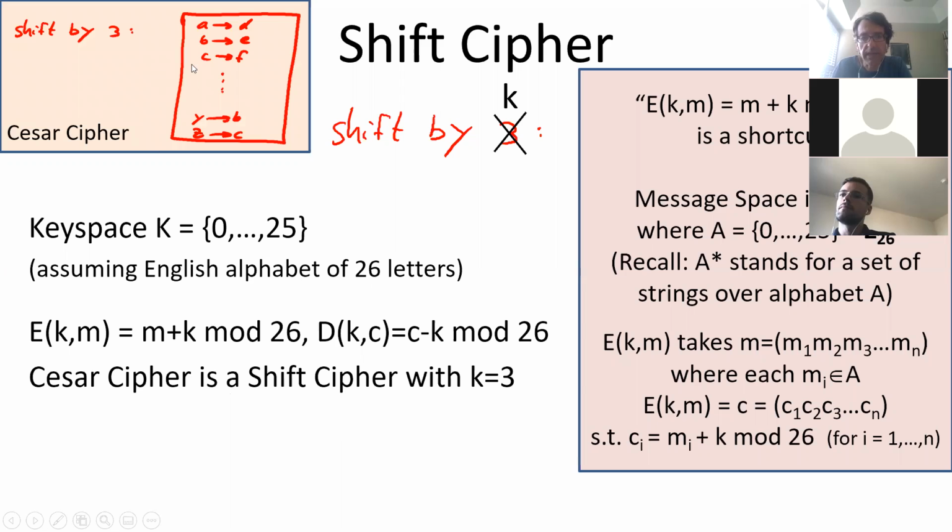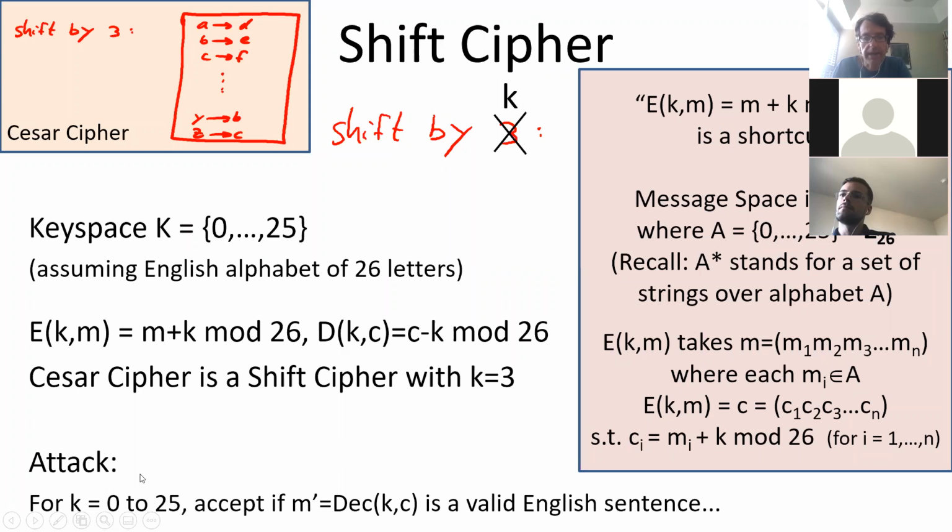Okay, so it's a shift cipher with a key, and the Caesar cipher is a shift with K equal to 3. And the attack is obvious, right? Because this is such a small key space. Just brute force it, attempt to decrypt, and see whether the decryption is valid, whatever the assumption about the message space, right? These were XML messages. Okay, so check which one is a valid XML message, etc.